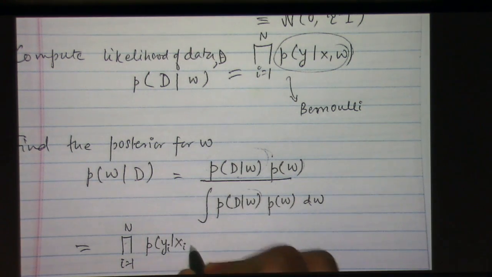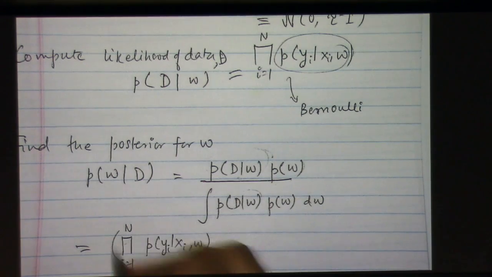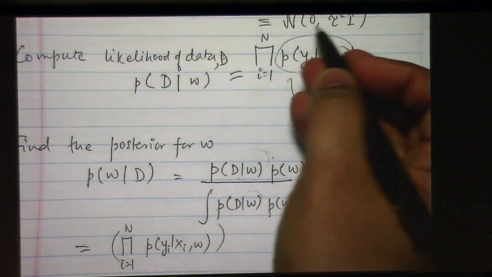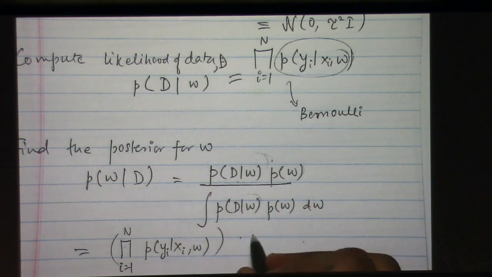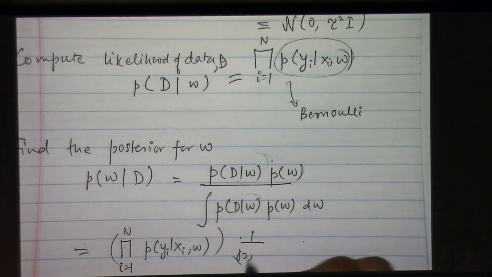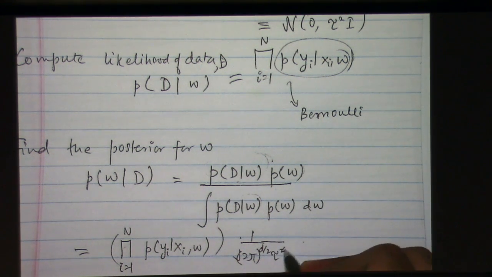Yi, right? So this times P of W, also we know it's going to be a Gaussian. So whatever is the Gaussian expression, if you remember it, 2 pi tau.